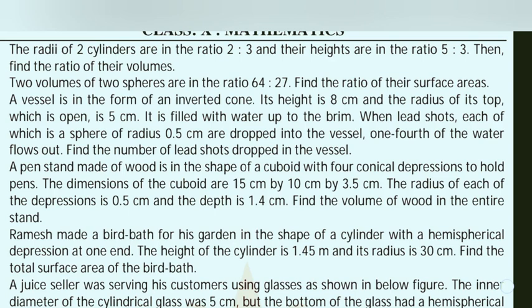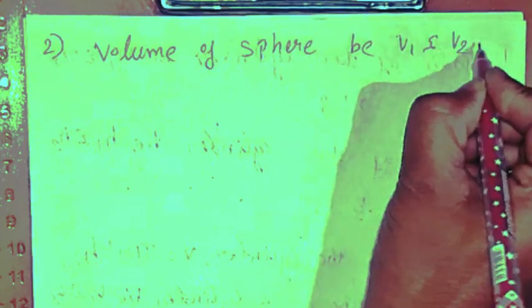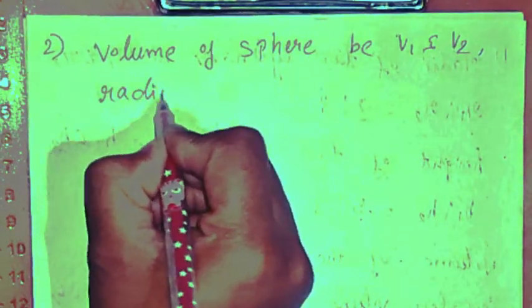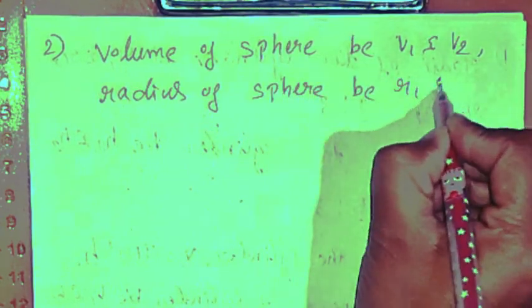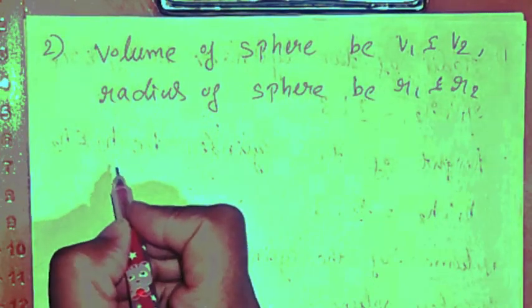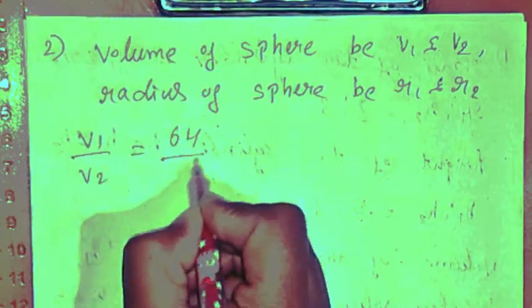After that, find the surface area of the sphere. So first consider the volumes of the spheres be V1 and V2 and the radii of the spheres be R1 and R2. The volume of the two spheres is given: V1 by V2 equal to 64 by 27.